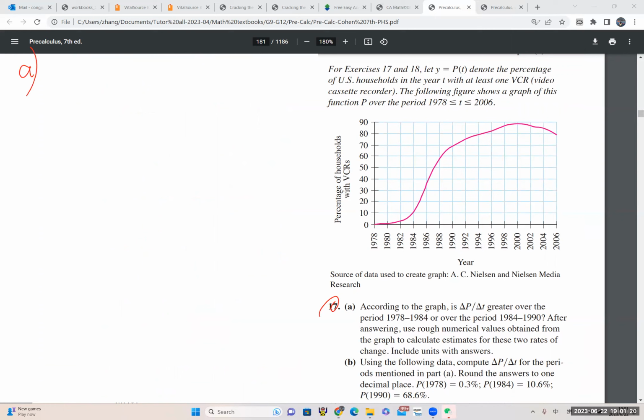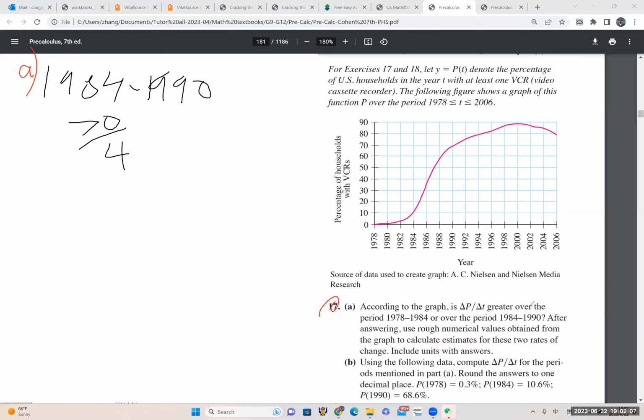Then bottom. Use rough numeric values obtained from the graph to calculate the estimates for these two rates of change. Include units with answer.